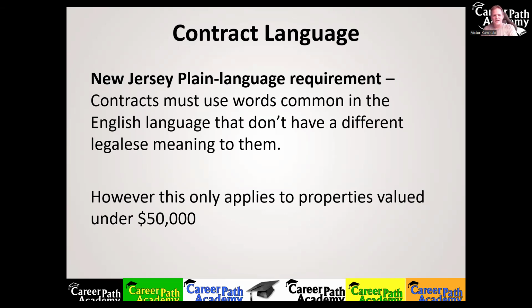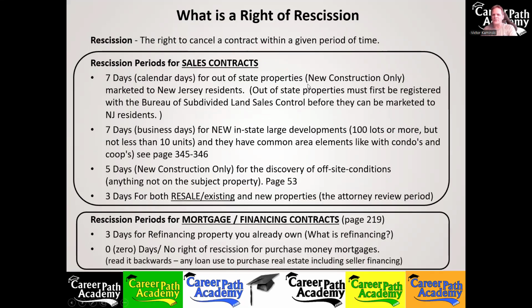Okay. And then there has to be a rescission period for certain types of properties, right? What is a rescission? The right to cancel a contract within a given period of time. And there are rescission periods for new construction.